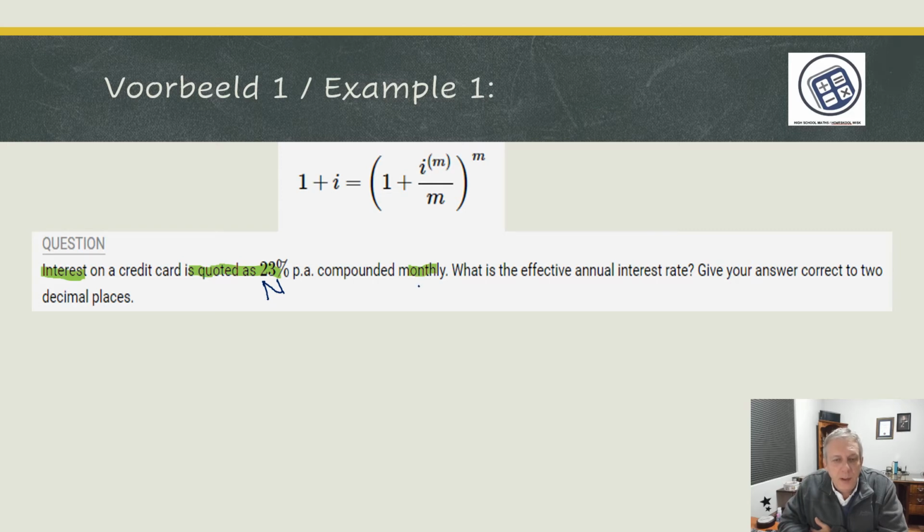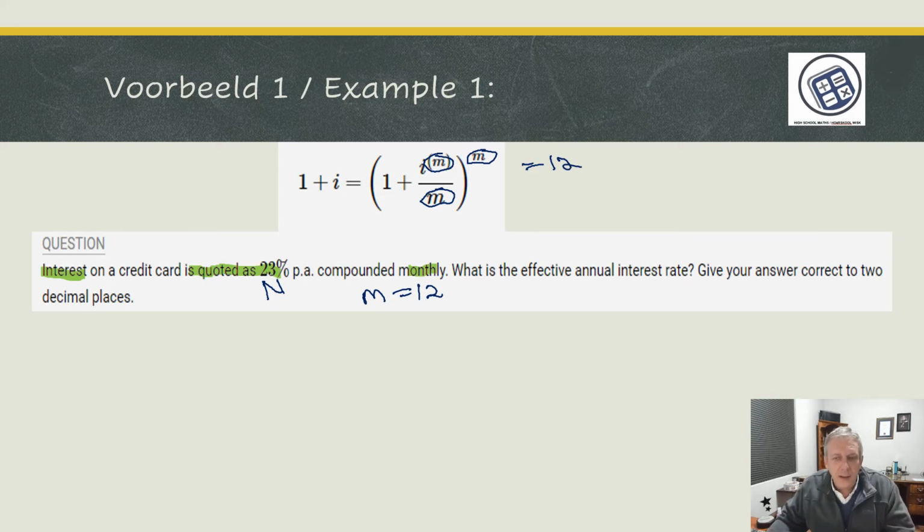And because it's monthly, we will receive 12 times interest that year. So this indicates our m. So the m here, the m there, and the m there will be 12. Remember that they must always be the same.